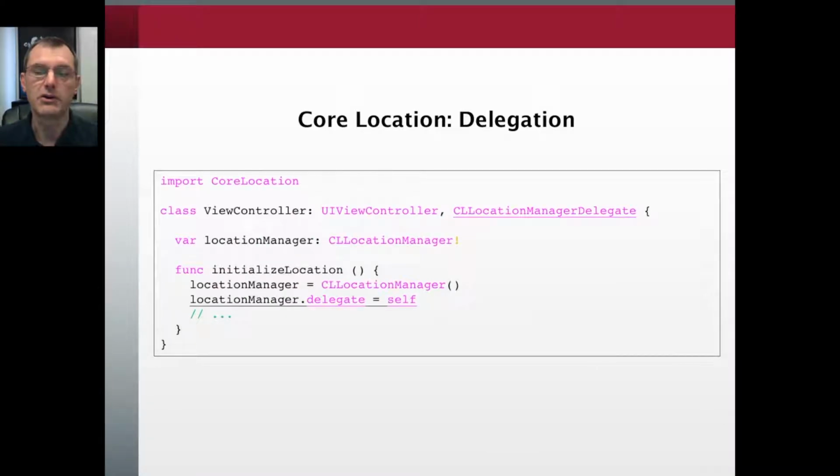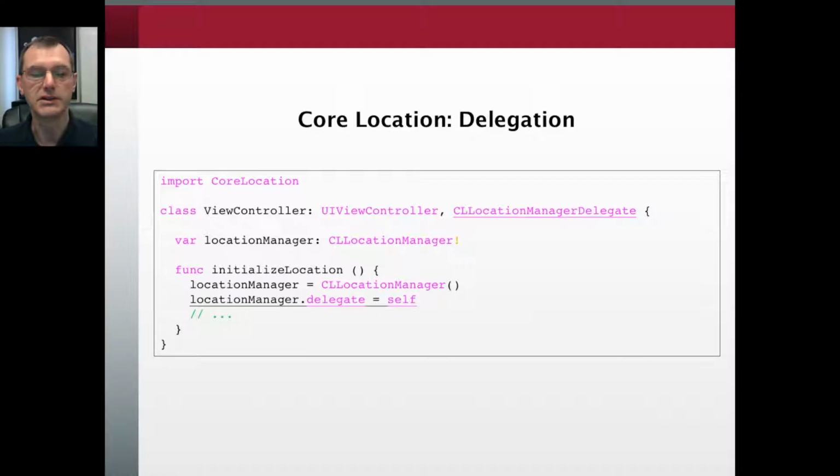So within the code, the way we implement this is first, whichever class we want to serve as the delegate, we add this protocol designator to the inheritance of the class. So in our ViewController.swift file, we want our ViewController class to be the delegate for the location services. So we add the protocol name to the inheritance list of our class.